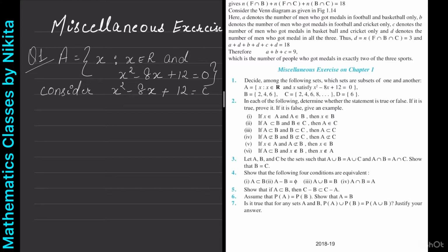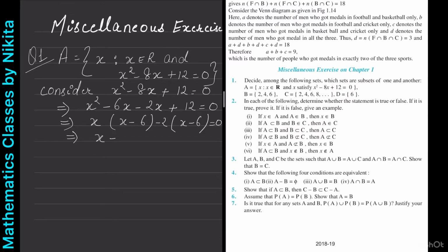So I can write this as x square minus 6x minus 2x plus 12 equal to 0, and from here I get (x minus 2)(x minus 6) equal to 0, and this implies that we have two factors x minus 2 and x minus 6 equal to 0, and this implies x is equal to 2 or x is equal to 6. So therefore the set A is equal to {2, 6}.